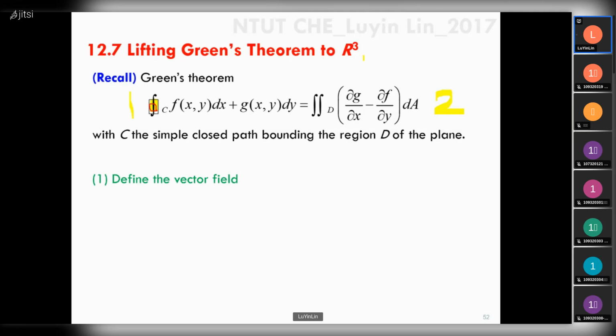But if we want to lift Green's theorem to three-dimensional space, that means it should go from 2 to 3. A new formula is to convert a double integral to a triple integral.